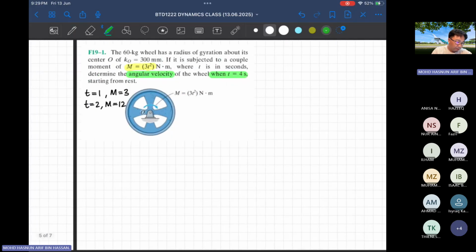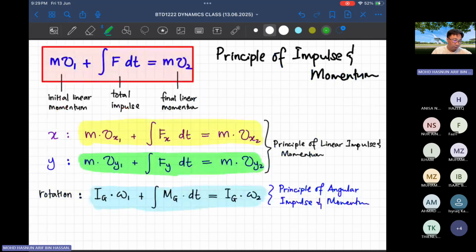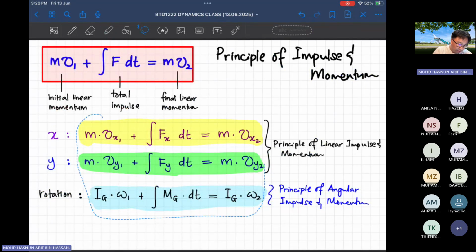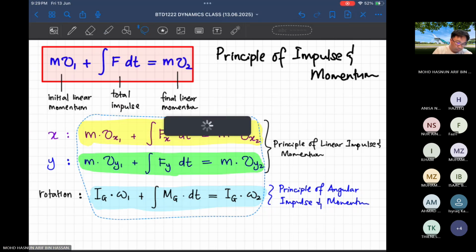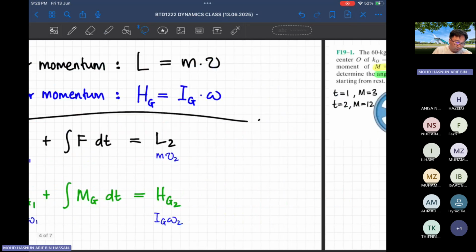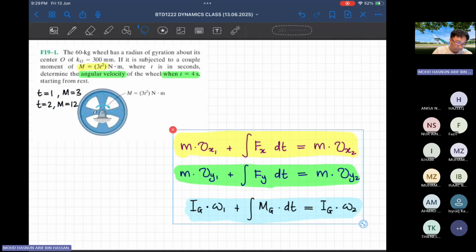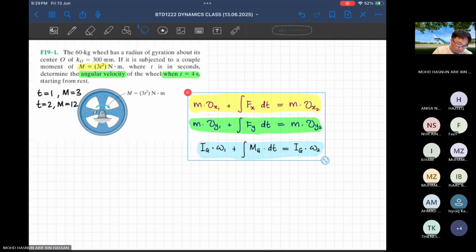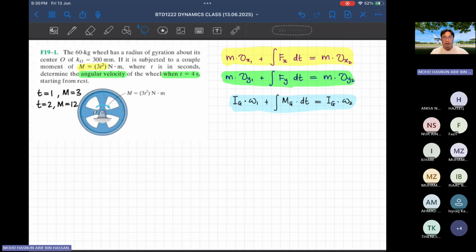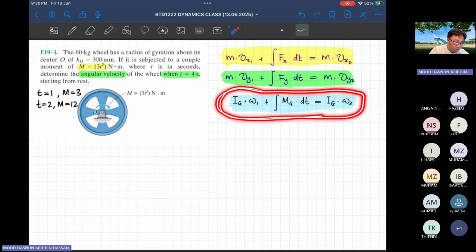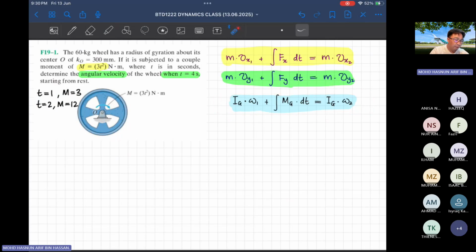Now let's go back to this. We have three equations, so let's copy this first and put it in the page of the question. By reading the question, you know that what you want to calculate is the angular velocity. Looking at these three equations, the angular velocity can only be found from the rotation equation.